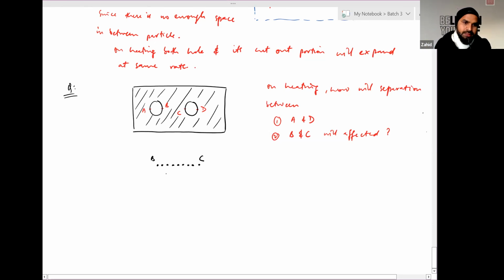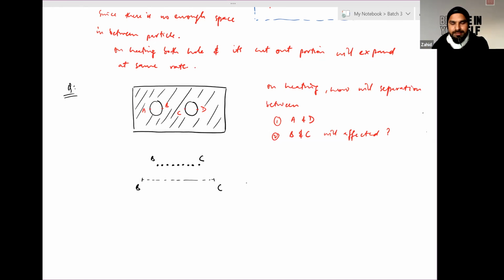So you will say this particular separation initially between B and C will now expand up to this part. So in both cases, A and D and B and C, separation will increase. Is it clear? Atif, any doubt?